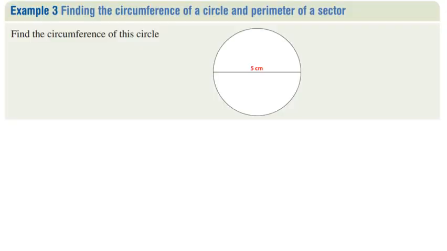Let's have a go with this circle. So my formula is circumference equals 2 pi r. So C equals 2 times pi times the radius. Now in this case here, they've given us the diameter all the way across. So the radius is going to be half of that.